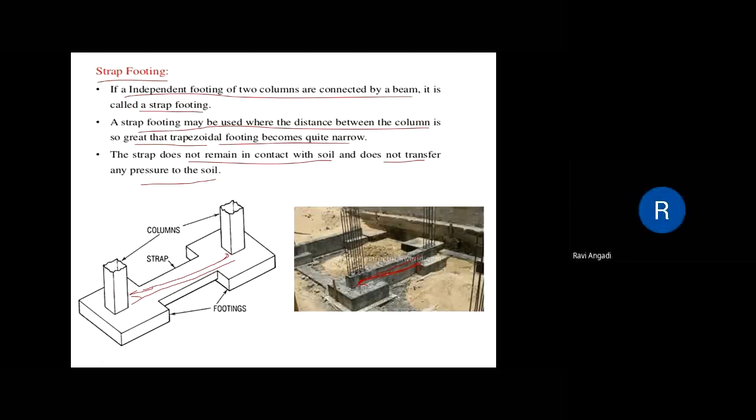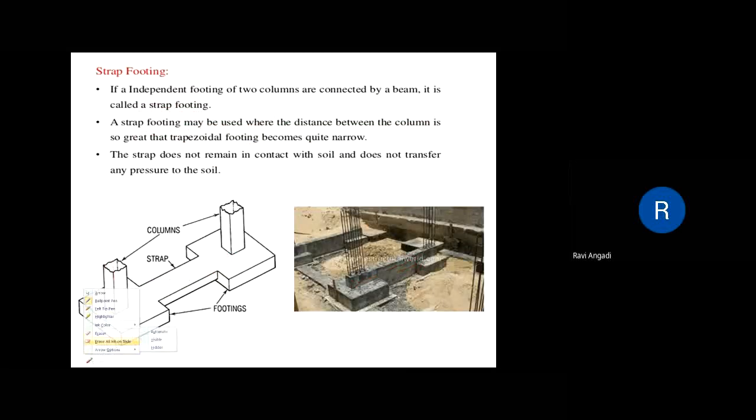This is strap footing. Again, we are going to design this next, proportionately. This is a beam, to be designed later, and also the column. From the column the load is transferred here, and this will prevent tilting from the other side. This acts as an anchorage for these two columns. That is called a strap footing.